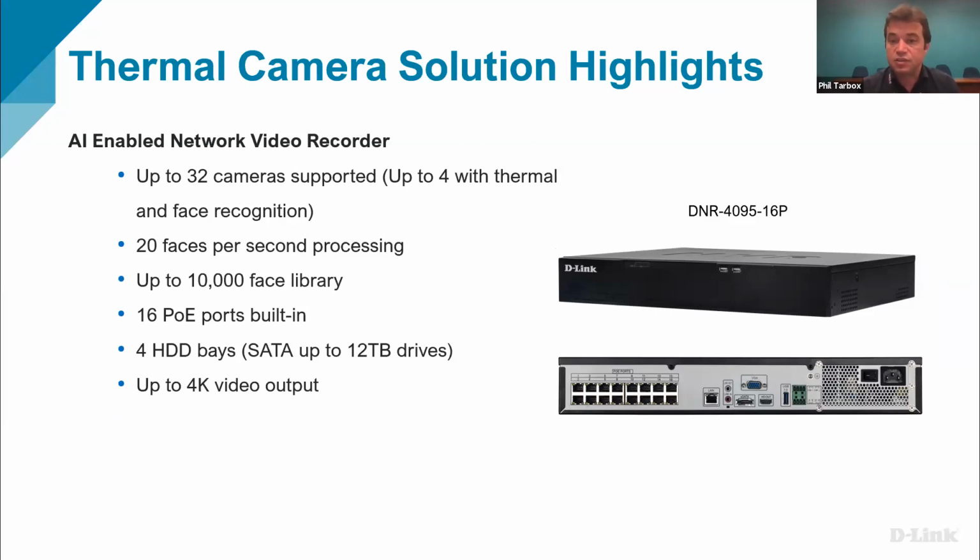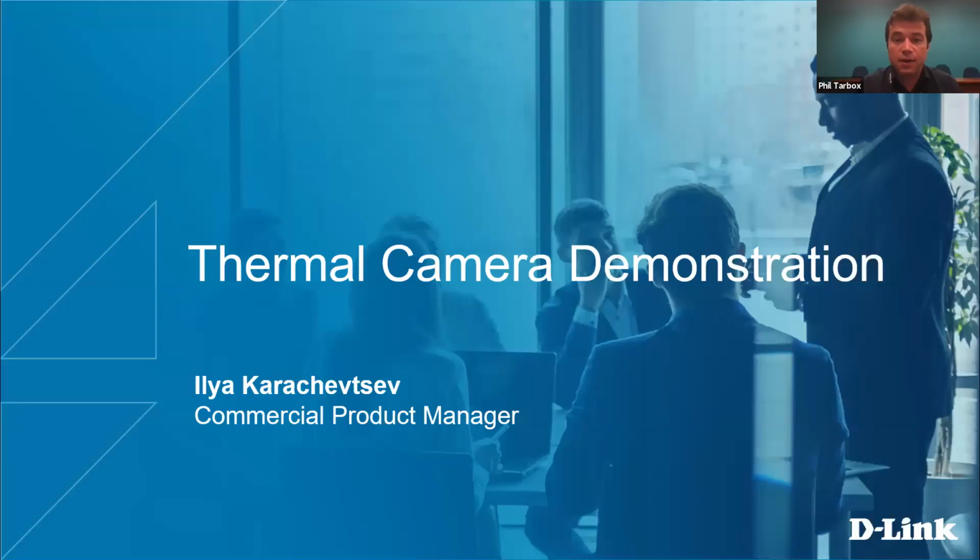It does have a slightly smaller face library that you can load into it, with just 10,000 faces as opposed to the million faces if you're running that on a server installation. And it can process up to 20 faces per second. So that's a pretty good solution there, a very compact way of being able to install this, not having to buy a dedicated PC or server to run this software.